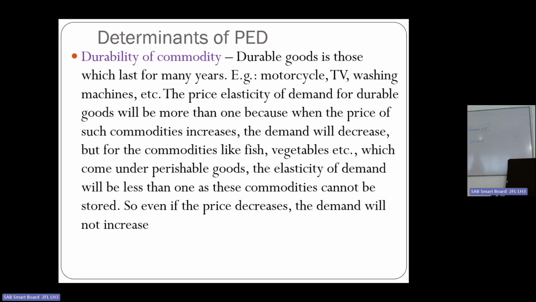Since they cannot be stored for a time period, the demand is said to be inelastic. So that is durability. So we can identify different factors that determine the price elasticity of demand.